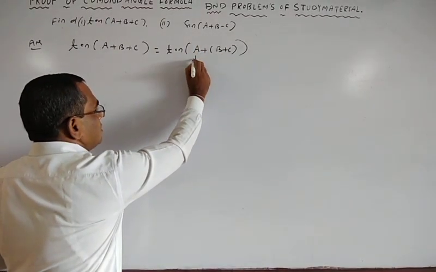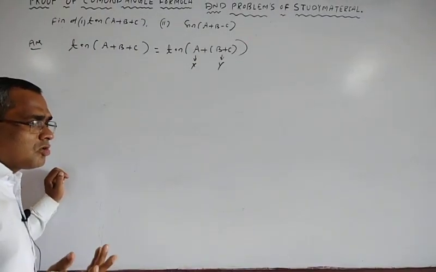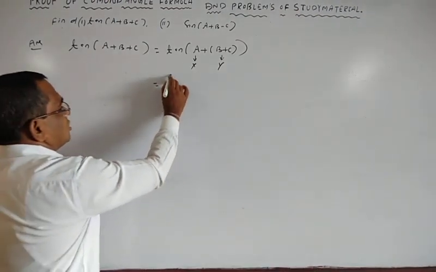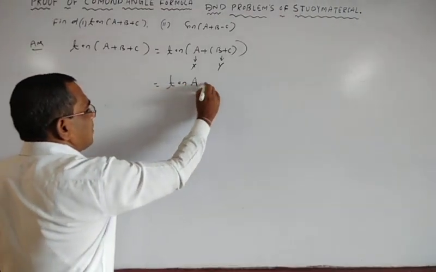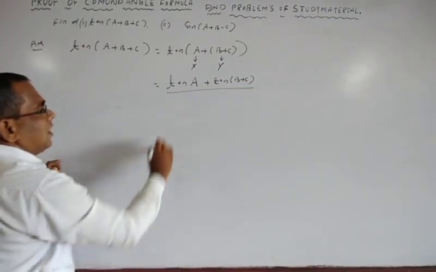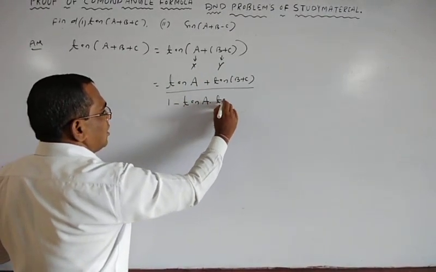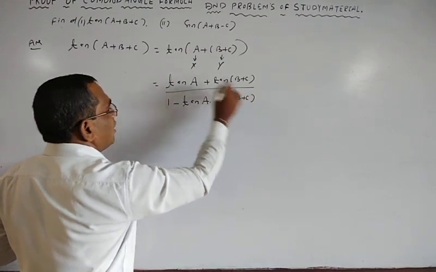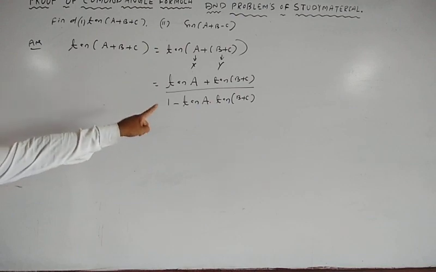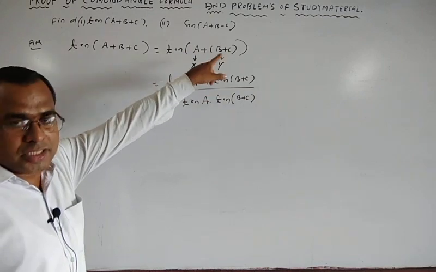Suppose let it be x and let it be y. Consider, you know tan of x plus y is equal to tan x plus tan y by 1 minus tan x into tan y. So this is equal to tan x, x means a, plus tan y, y means b plus c, whole by 1 minus tan x, means a, and tan y, means b plus c. Let x be equal to a and y be equal to b plus c.